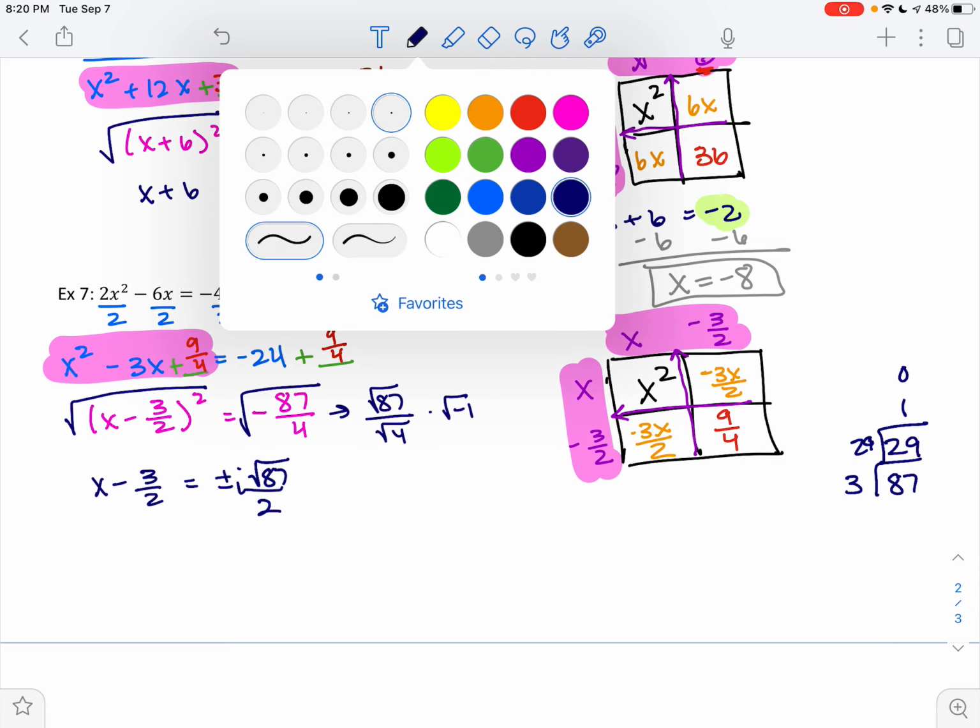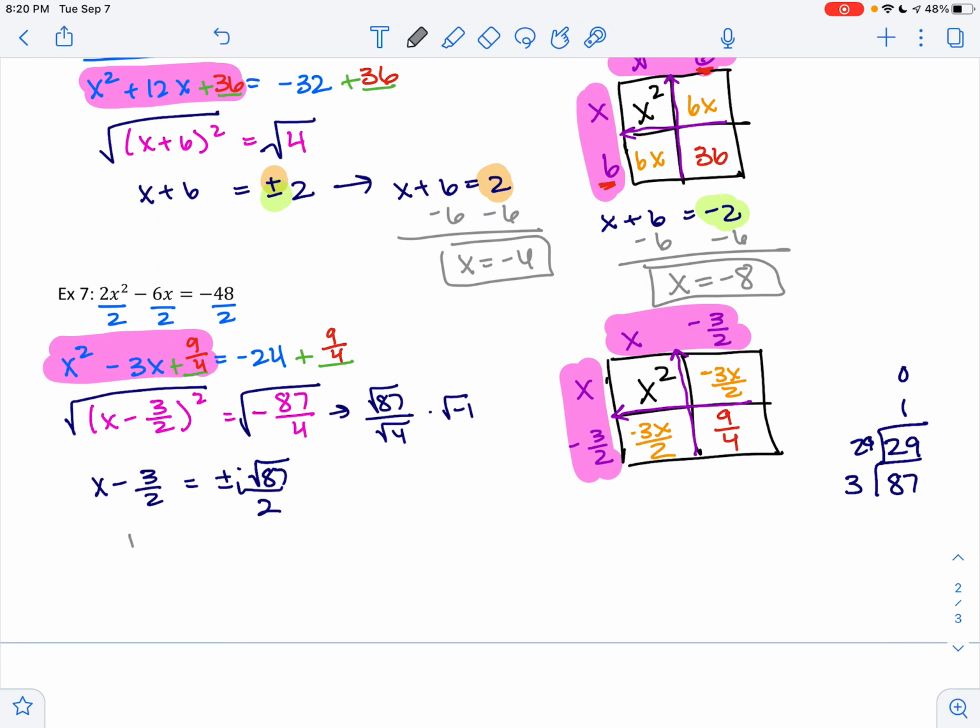I still need to get x alone. So I am going to add 3/2 to both sides. And so I'll have x equals 3/2 and i square root of 87 over 2 are not like terms, because this one has a radical and an i, and this one does not. So I'll just write this in standard form.